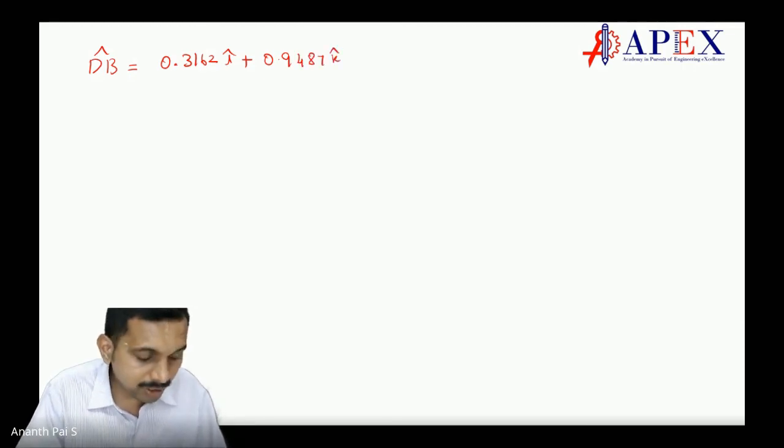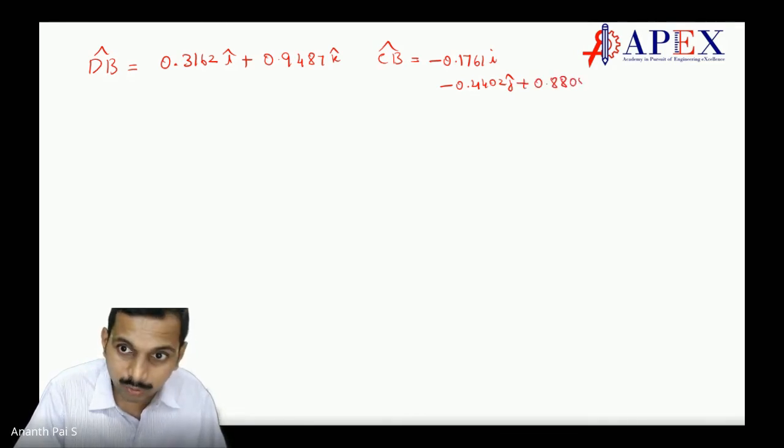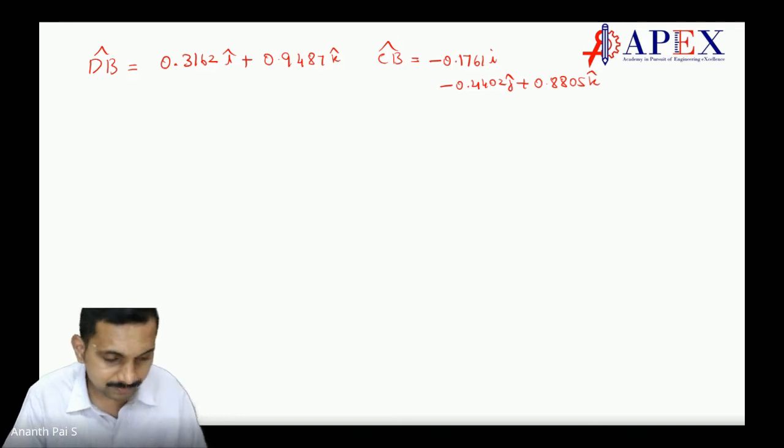And we have got the CB vector as minus 0.1761i minus 0.4402j plus 0.8805k. See whether you get this.